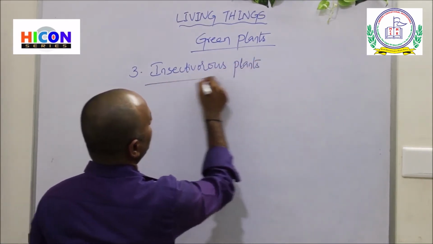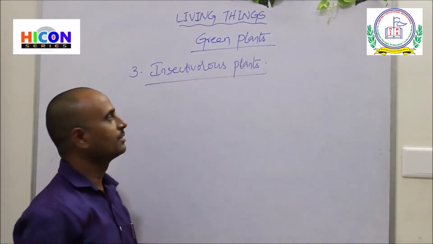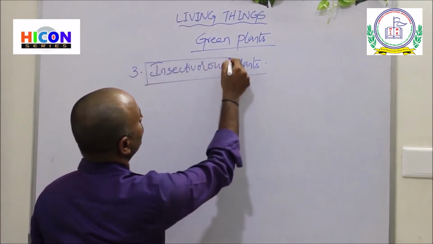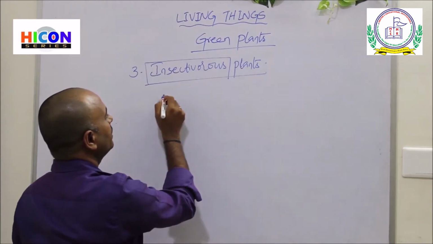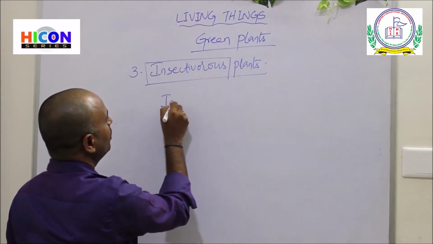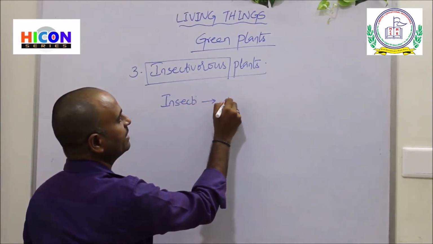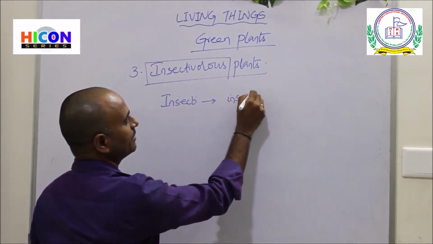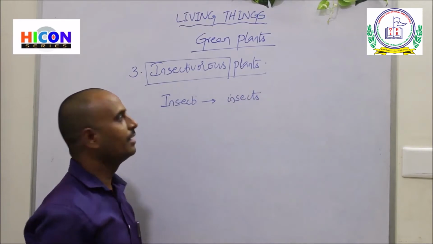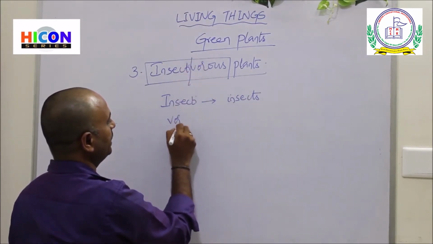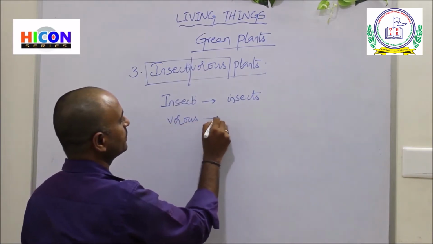So what are insectivorous plants? If you observe the word insectivorous, the word insect means insects, and the remaining word, vorous, means eating.